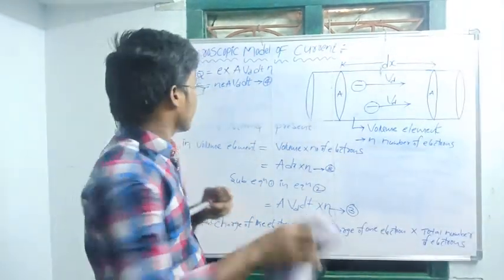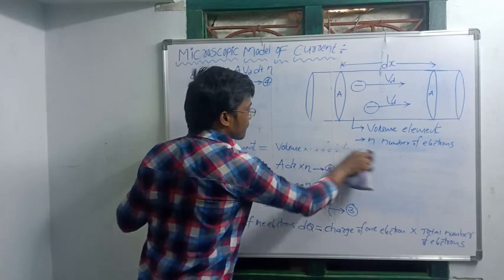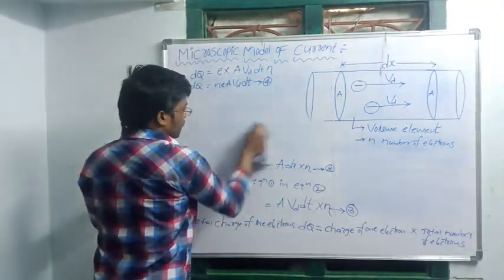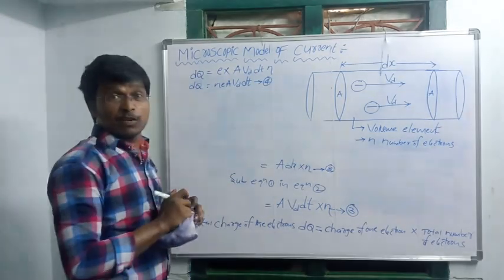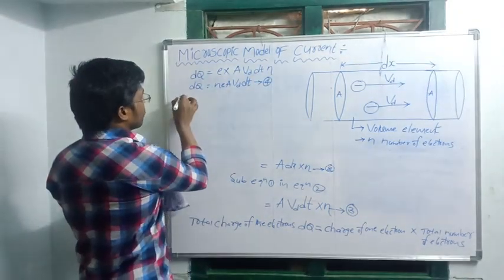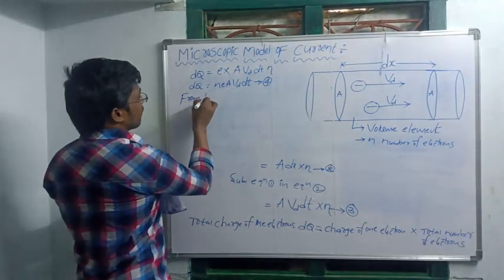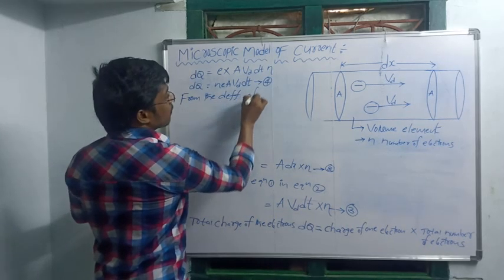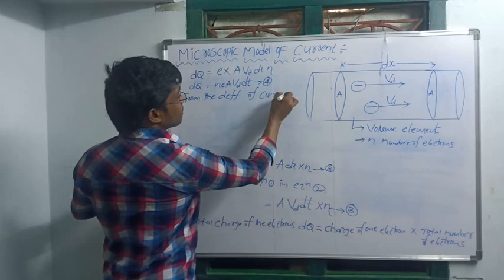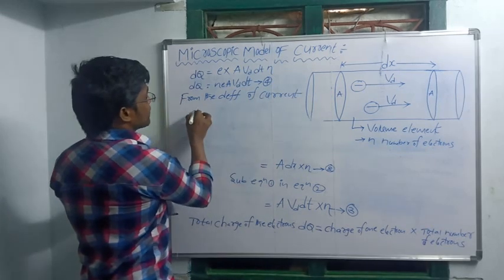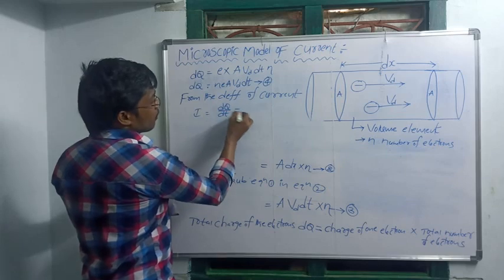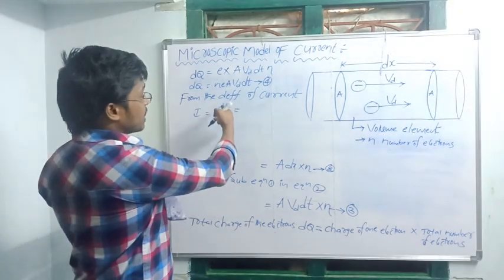Now see, from the definition of the current, I is equal to dq by dt. What is the dq value?